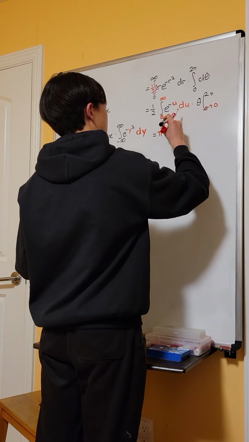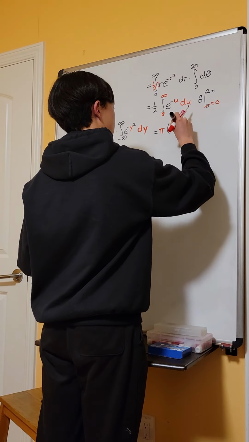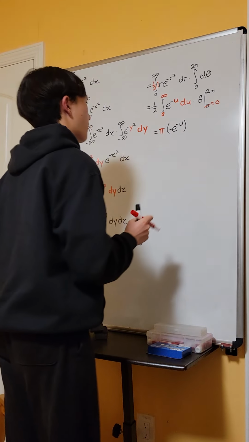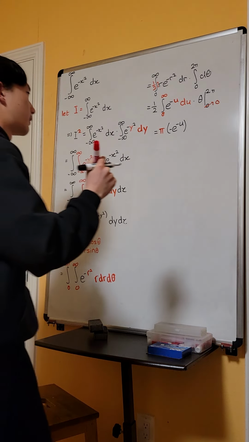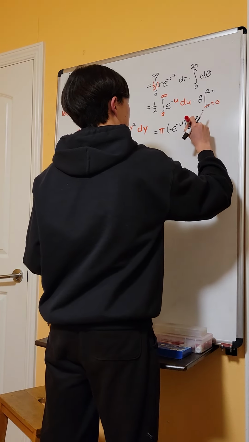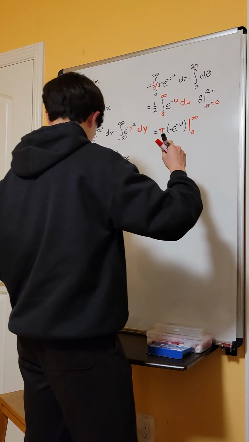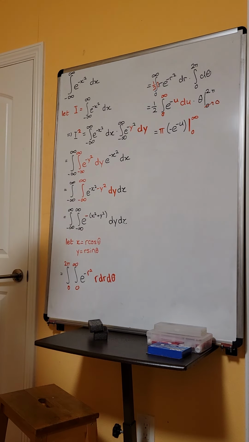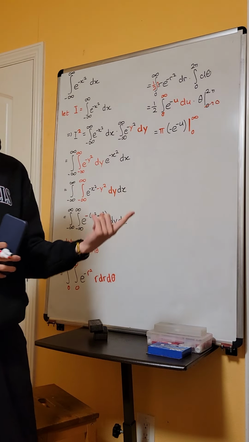Integrating e to the negative u, you just get negative e to the negative u. Plug in from 0 to infinity. Right, and then you would get, plug in infinity, e to the negative infinity.